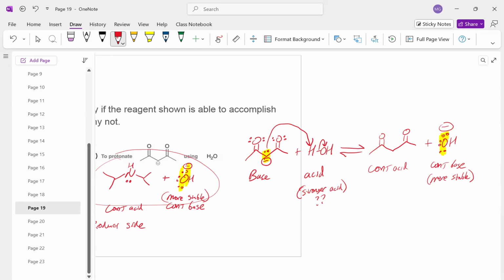If we look at the pKa values for our acids, the pKa for this, what we call a dicarbonyl, is between 9 and 11, somewhere in there. The pKa for water is 14.